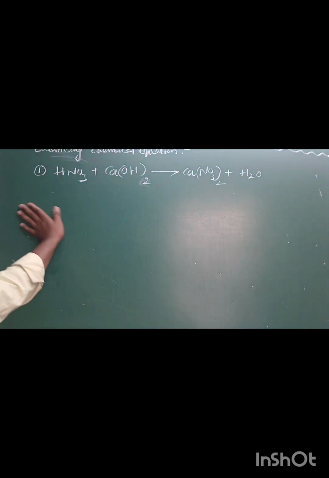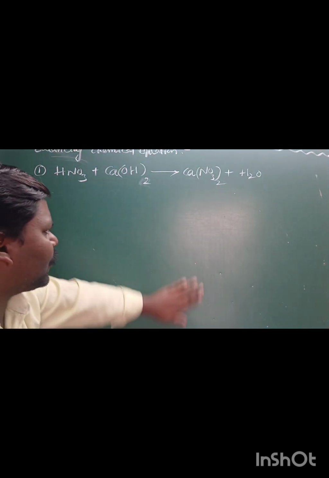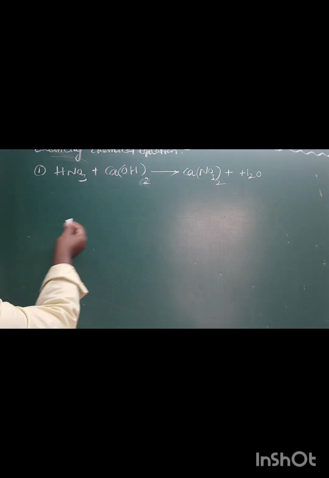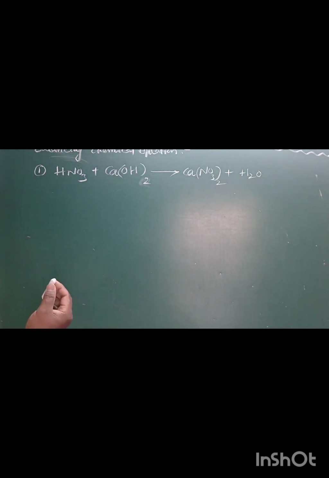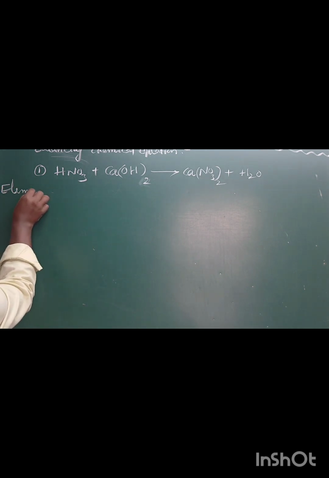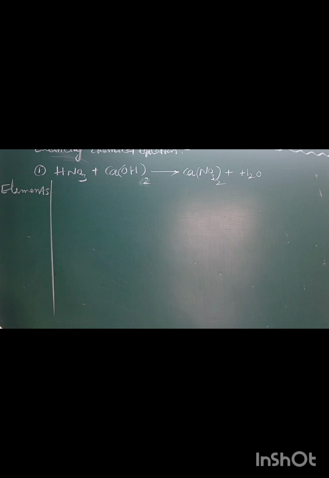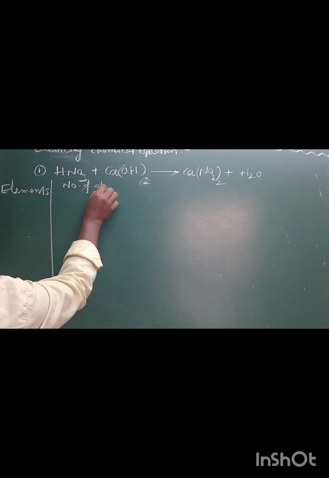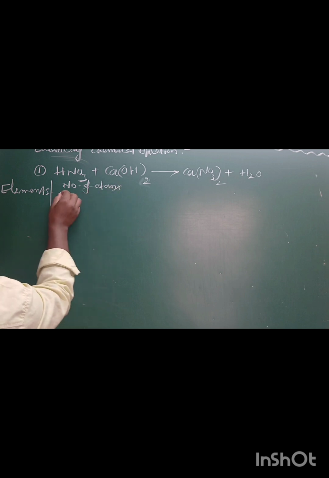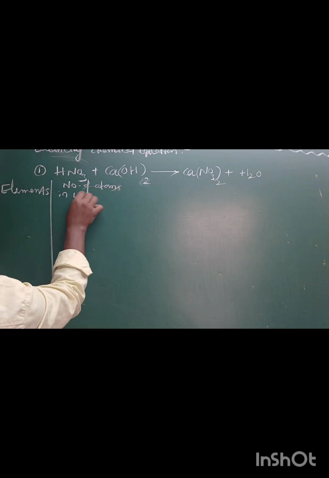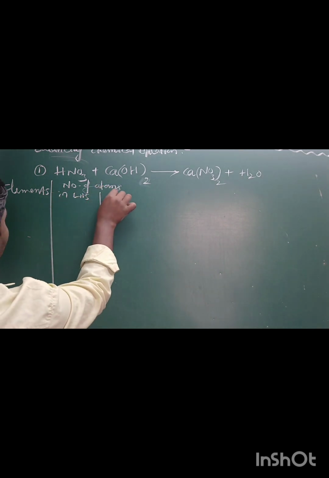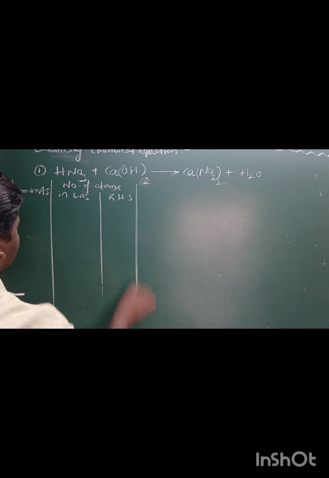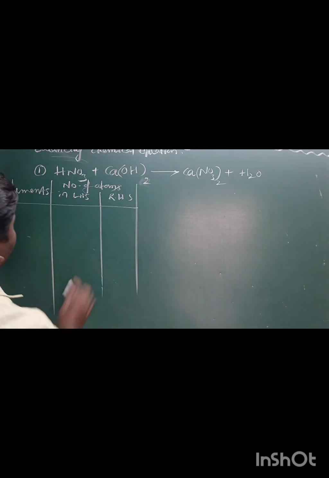You can observe here the number of atoms on the reactant side and product side are not equal. How to balance this equation? First, write the elements in the given equation and the number of atoms on the LHS side and RHS side, meaning reactant side and product side.